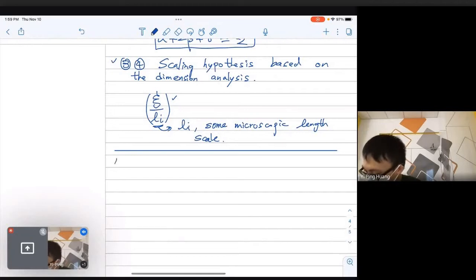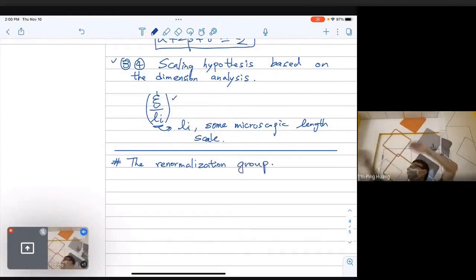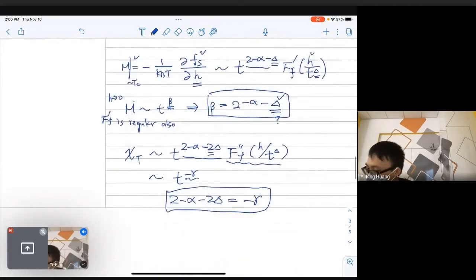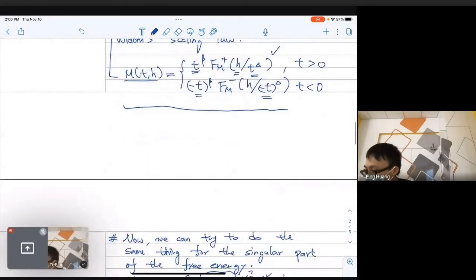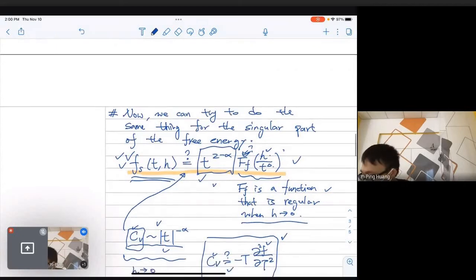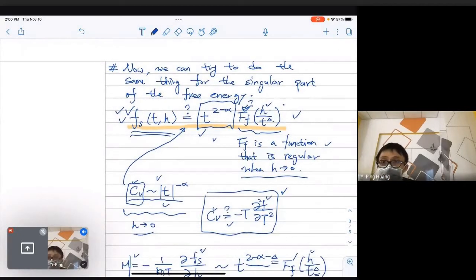And now I want to jump to the idea of the renormalization group theory. One of the very important things is that the previous scaling argument that we went through in the last lecture, and some in this lecture, is actually not a very strict theory.